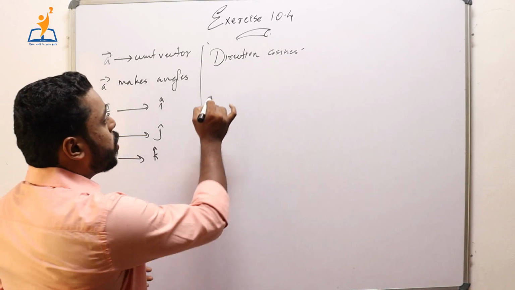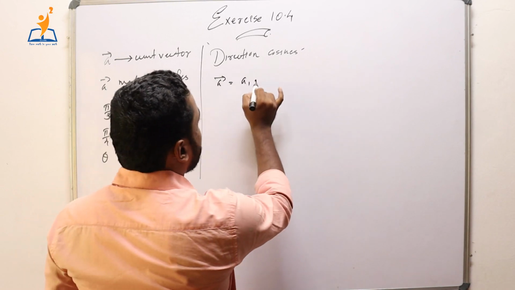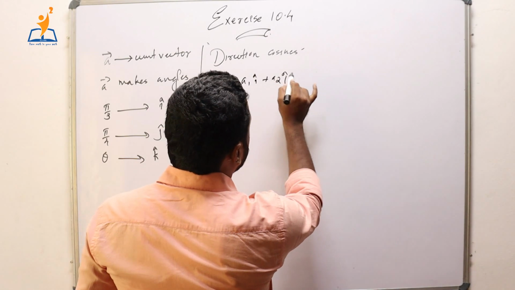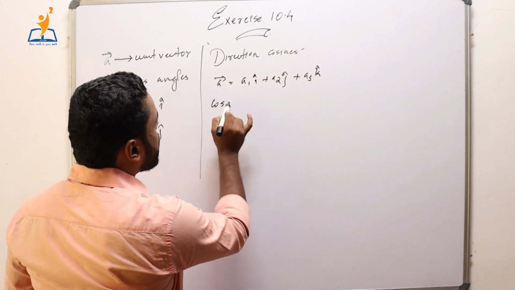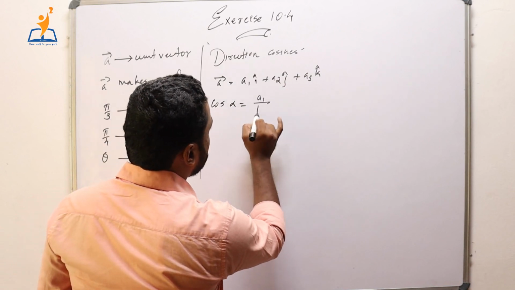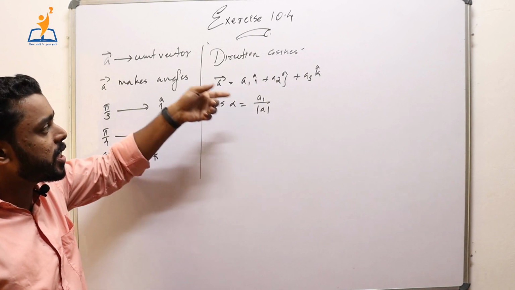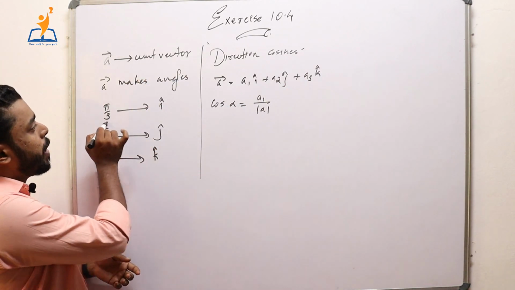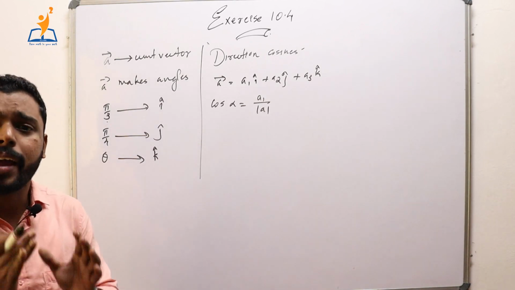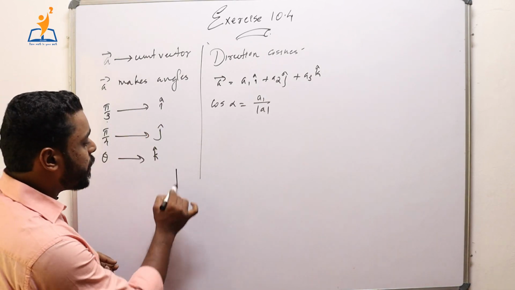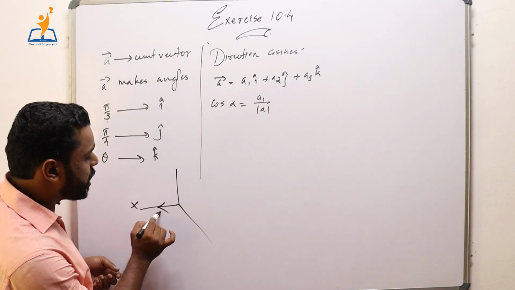Now we know that whenever A is a unit vector, of course we name A as a1 i cap plus a2 j cap plus a3 k cap, right? Then we have cos alpha is equal to a1 by mod a, where alpha is the angle made by the vector with respect to the x-axis. Actually pi by 3, നമ്മൾ pi by 3 ആണ് i cap ആയിട്ട് ആംഗിൾ ഉണ്ടാക്കുന്നതെന്ന് പറഞ്ഞാൽ ആക്ച്വലി ആരാ? i cap is the unit vector in the direction of x-axis, right? x-axisന്റെ ഡയറക്ഷനിലുള്ള യൂണിറ്റ് വെക്ടർ ആണ് i cap.